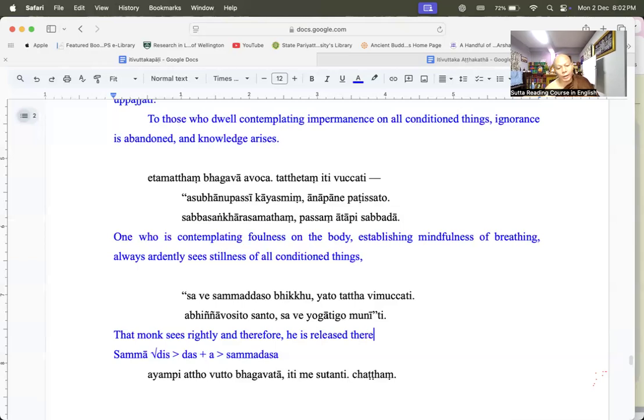The conditioned is not attached to it, or something like that.